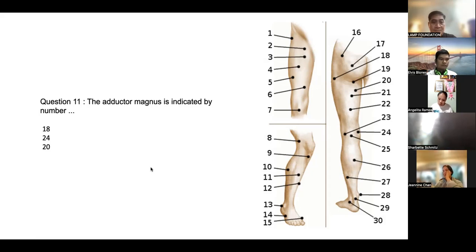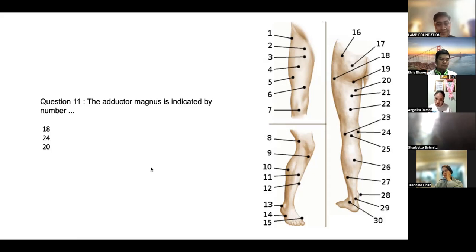Abduction and adduction, di ba? Adduction is toward the inside, papapasok. Then if that's outside, then adductor, it's 18. Then 20. Kasi lahat naman, 24 na yung pinakalabas. So, it's either 24 or 20.